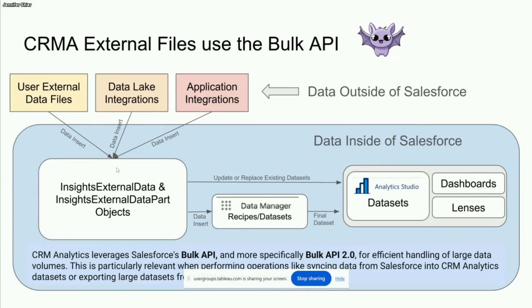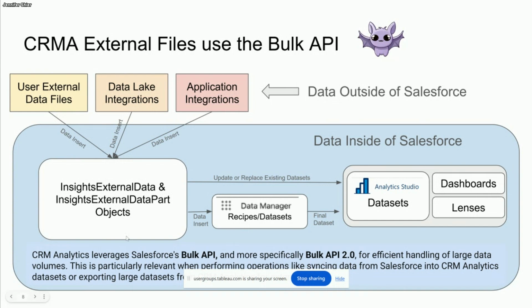It's crazy. This is probably one of the very best things I ever did in my career: understand that data comes into a holding bin object for use for CRMA before it even gets to CRMA.